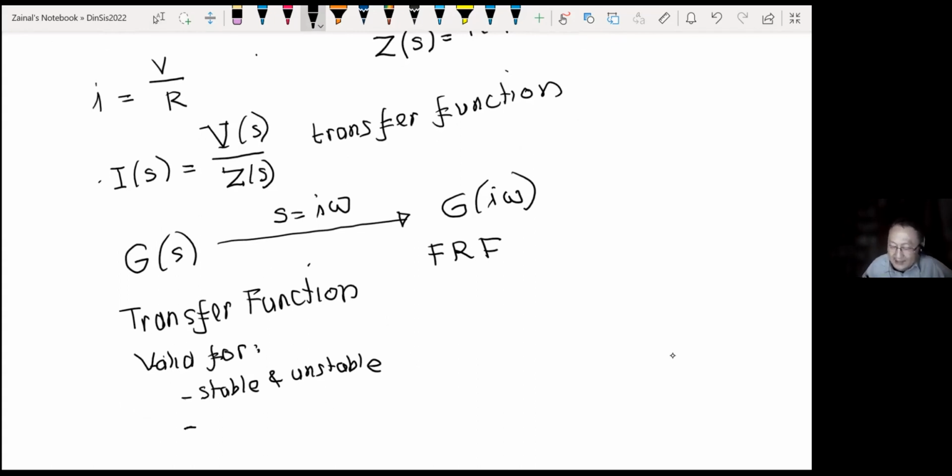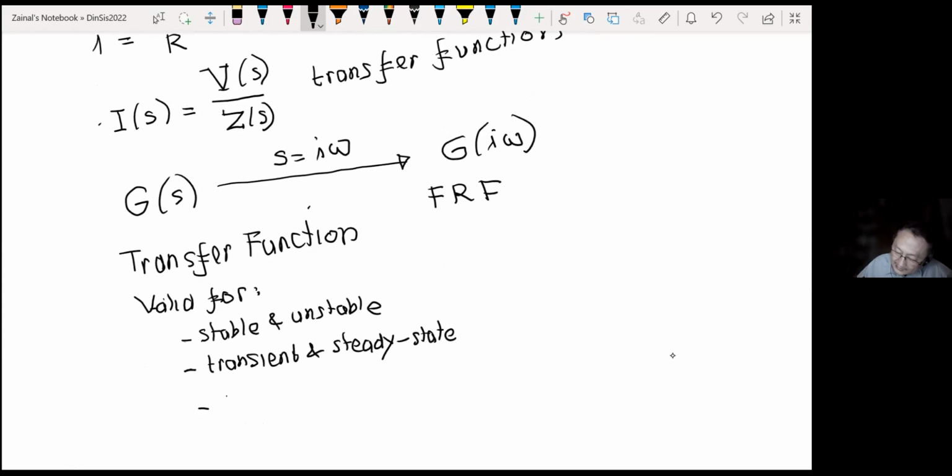And then second, it is valid for transient and steady state. Valid for any input.